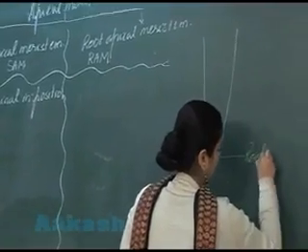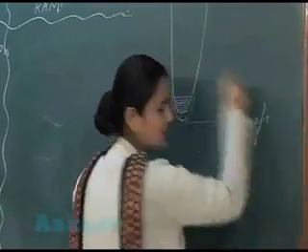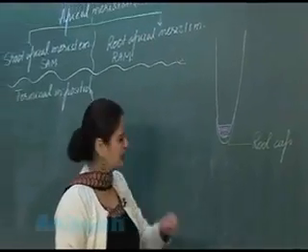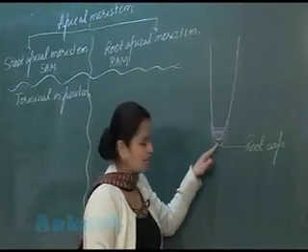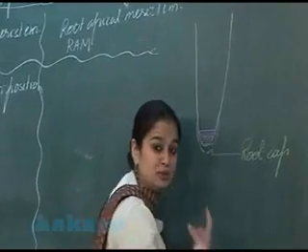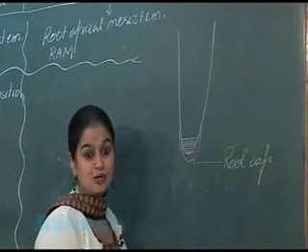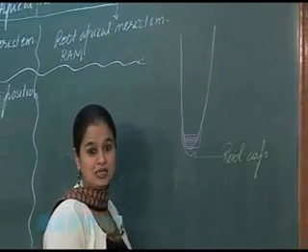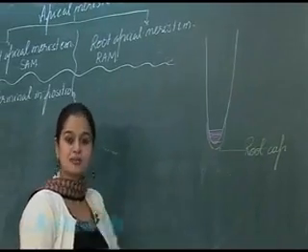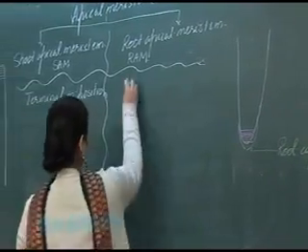That covering is known as root cap. So it means at the apex what is present? Root cap. And this root apical meristem is present below the apex. So now you are not going to call it as terminal. It is below the root cap. So it is subterminal in position.